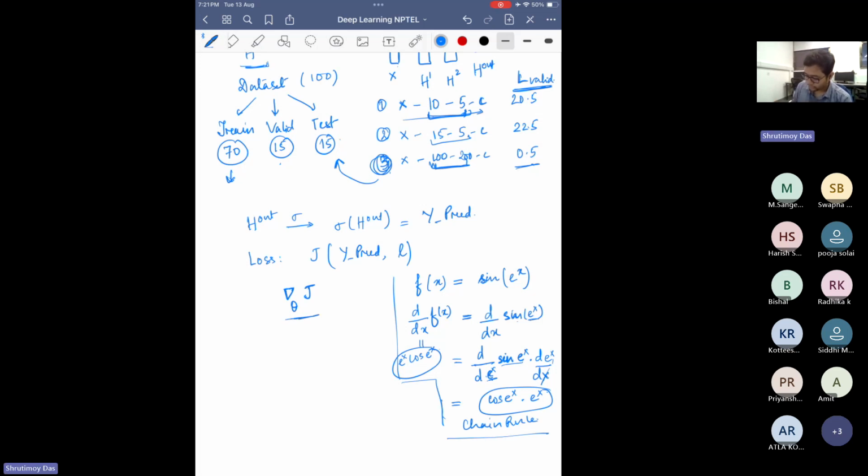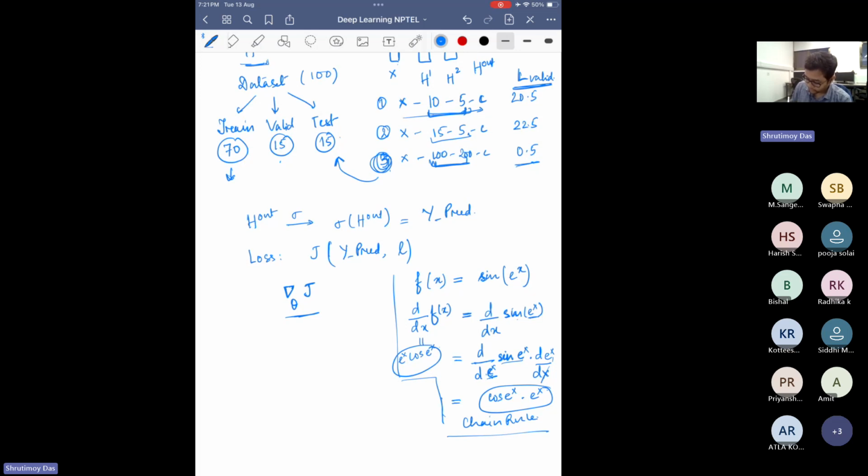Similarly for the loss function here, what is our loss function? It is a function of y pred and L. L is a constant, the true label that you have, and it will not change. So y pred is the variable. What is y pred?